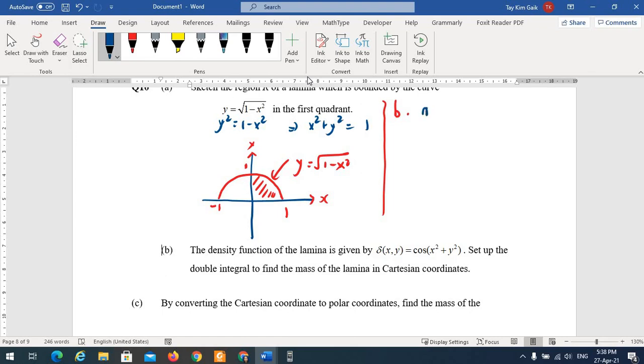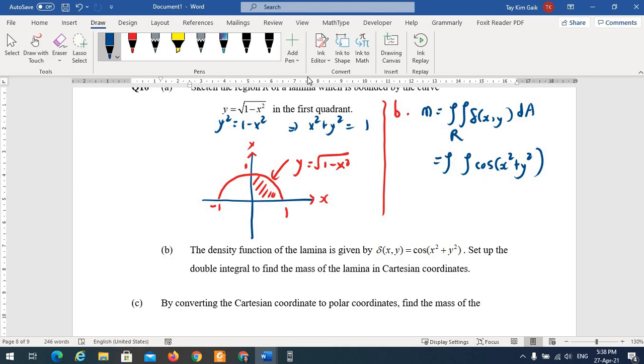The mass of the lamina is given by a double integral of delta x, y dA over region R, and delta x, y is given by cos of x squared plus y squared.